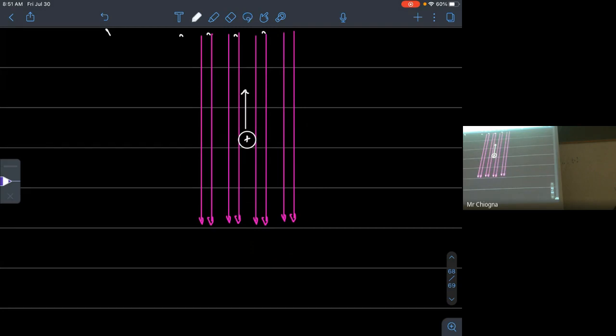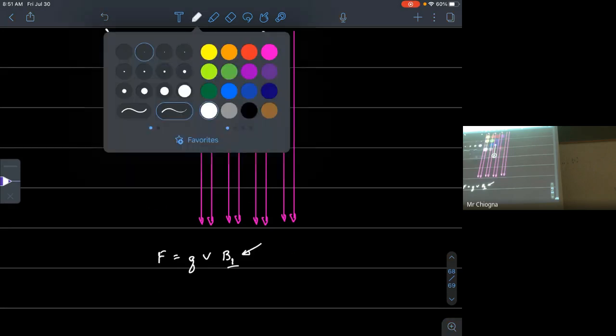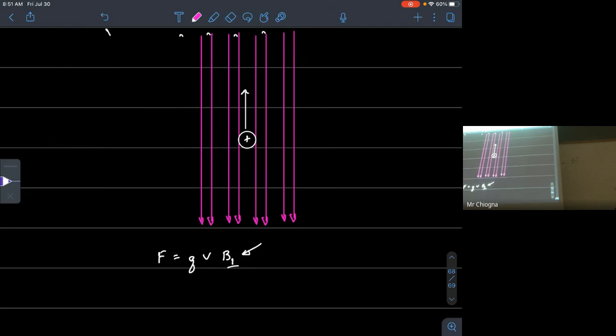Let's look at the formula. F is equal to QVB perpendicular. What this means, there has to be a part of the magnetic field that's perpendicular to the direction it's moving.